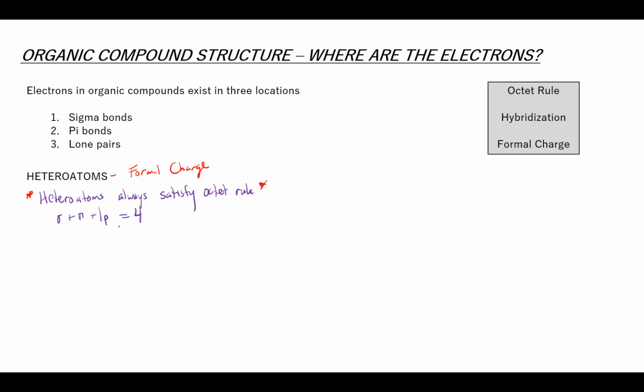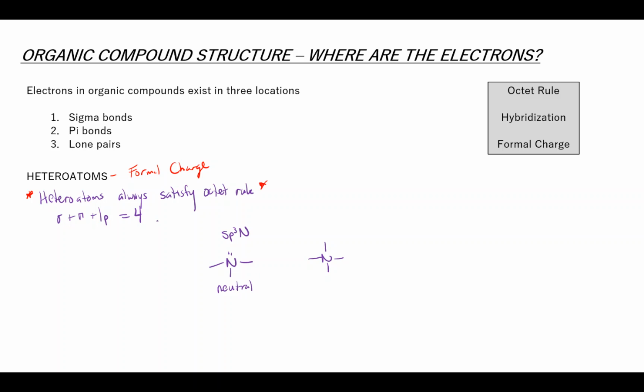But we can move things from one category to the other, right? So we said a neutral nitrogen has 3 bonds and 1 lone pair. So this is an sp3 nitrogen, right? 3 bonds, 1 lone pair. This is neutral. But what happens if nitrogen has 4 bonds instead of 3 bonds and 1 lone pair?